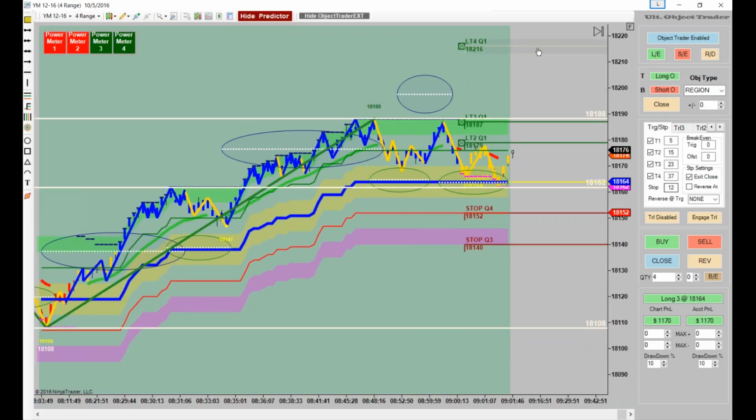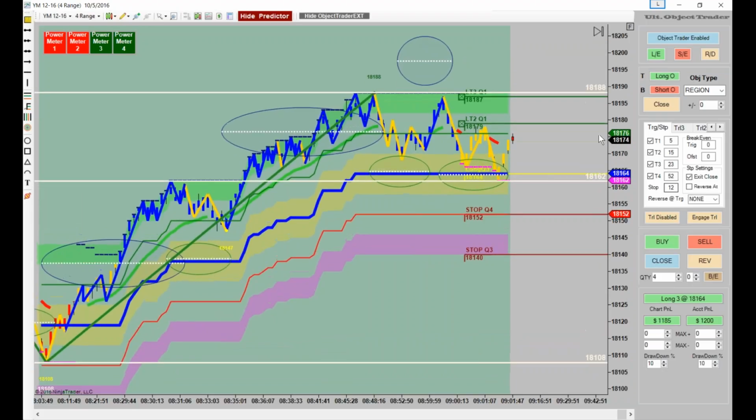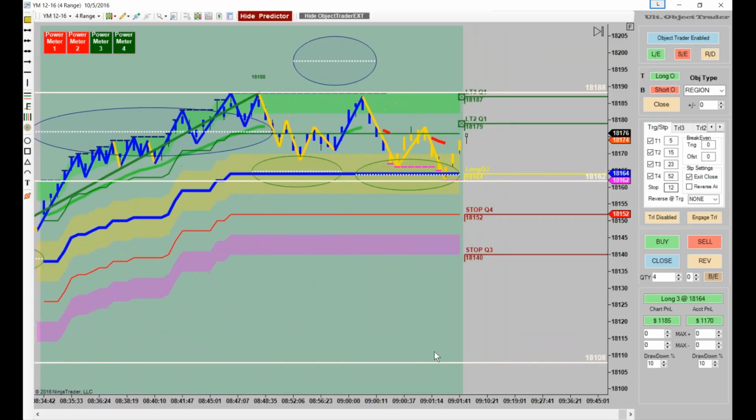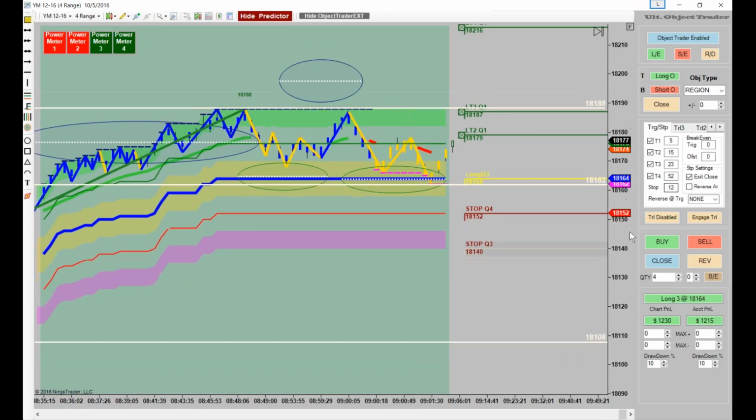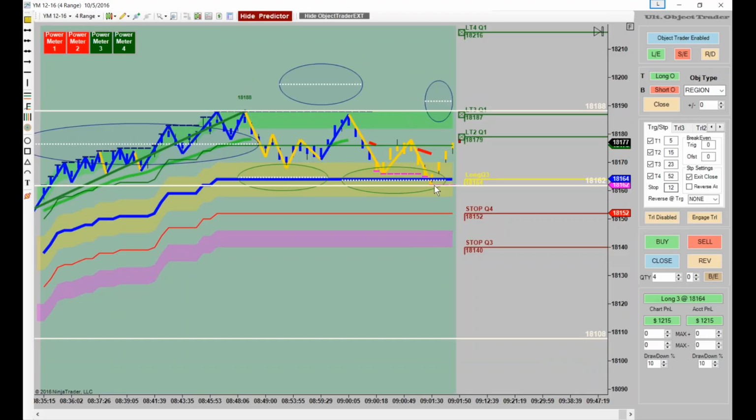Now, again, I want to ask everybody where my stop needs to be right this very moment. Well, it has to still be under here, doesn't it? Because that's my lightning swing. That's my bounce point. Let's see if we get a lightning swing. Of course, my stop would be right there, exit on close.